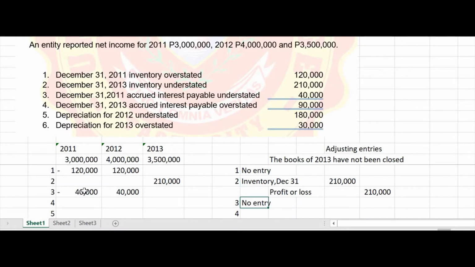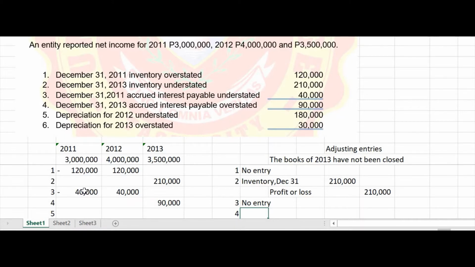Okay? So, for number 4, we have depreciation on accrued interest payable is overstated for 90,000. Okay, so in 2013. So, since we're computing up to 2013 lang, so pag overstated yung expense natin, understated yung net income natin by 90,000. So, since open pa yung books, so pwede naman siya i-adjust. Pag open pa yung books, this current year na error, pwede mo siya i-adjust sa nominal na account.